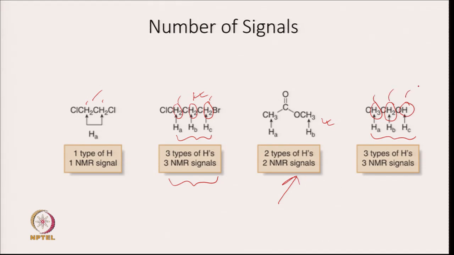These 3 protons do not differ in their environment, so they are known as one kind of proton, and these 2 protons also have the same environment, so they are of the same type. But between these 2 groups, the environments are different, and that is why they are assigned to different groups.